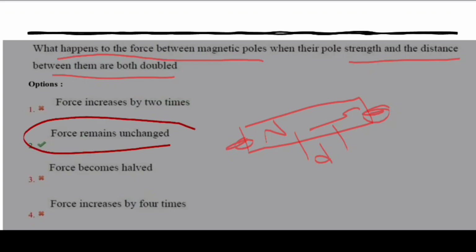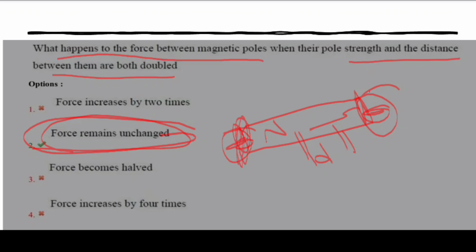The force remains unchanged. If the distance is doubled and the pole strengths are also doubled, there will be no change in force. Even if doubled or tripled, there will be no change.